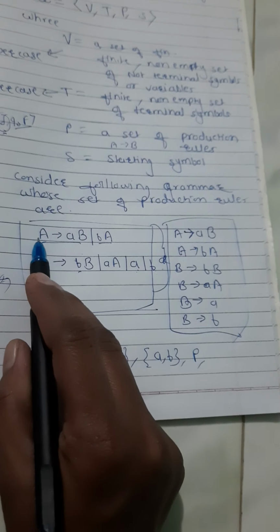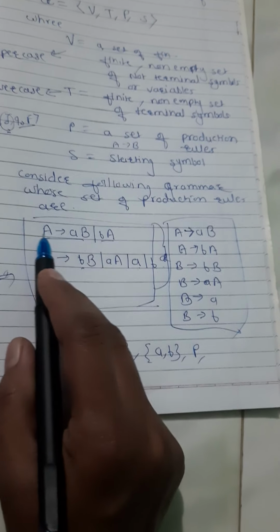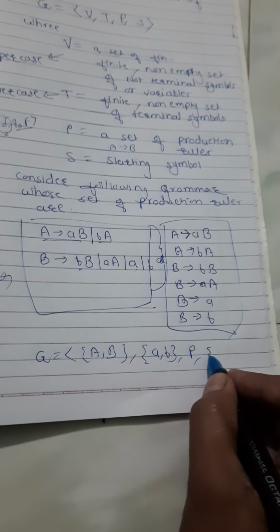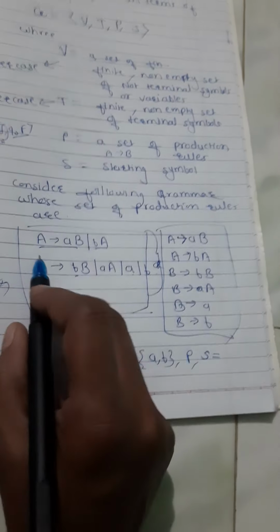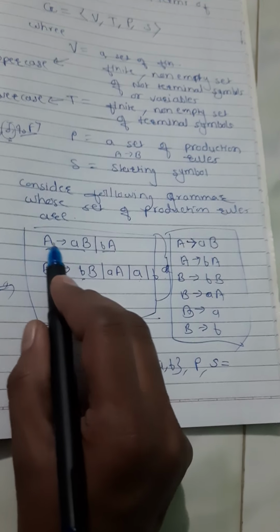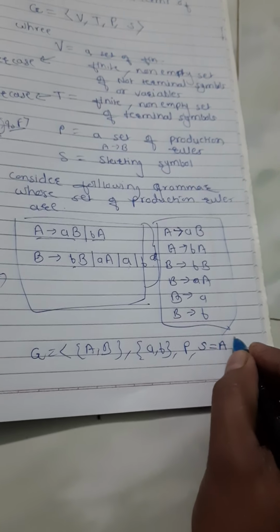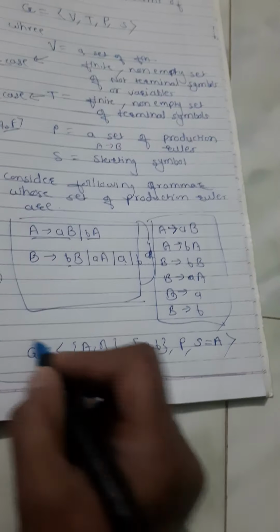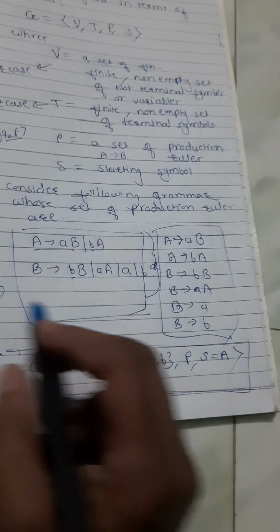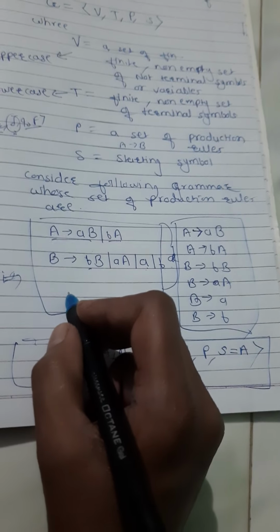The LHS symbol of the first production rule is always known as the starting symbol. So here the set of production rules starts with this rule, and the LHS symbol is capital A. So the starting symbol is A. So here we define the 4 tuples just from knowing the set of production rules P. Okay, let's see one more example of P.